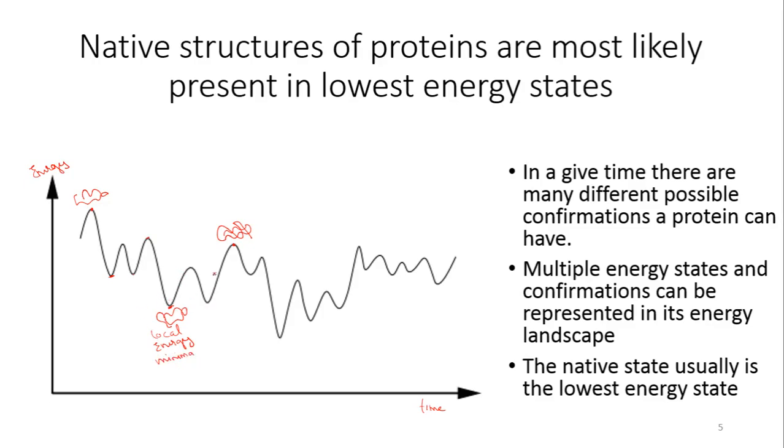Okay, and in your energy landscape there might be some point where the free energy associated with that structure is the lowest, and we call such an energy state the global energy minima. So the conformational state at which there is the lowest free energy associated with the structure of your protein is called the global energy minima.